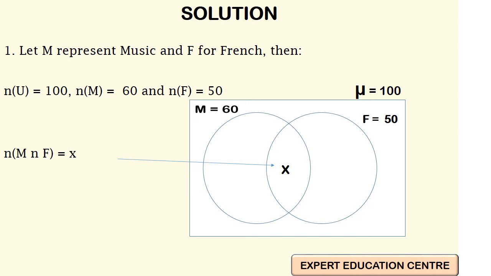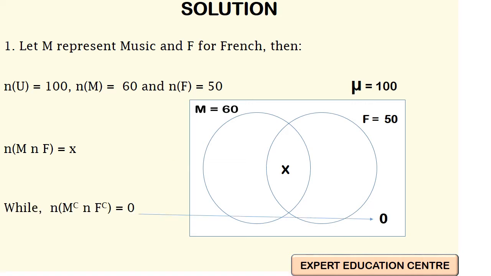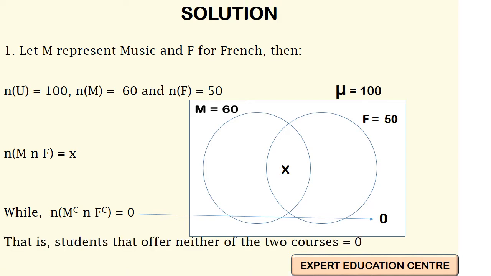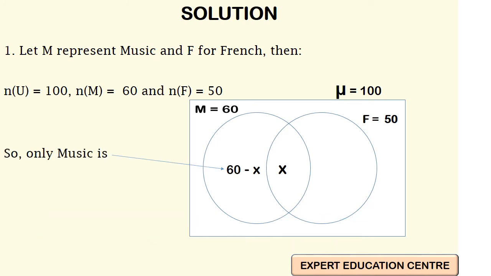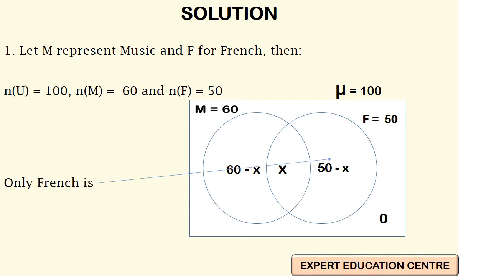Therefore, x will be the portion representing students that offer both courses. 0 will be students that offer neither of the two courses. The number of students that offer only music is shown by 60 minus x, while the number of students that offer only French is given by 50 minus x.